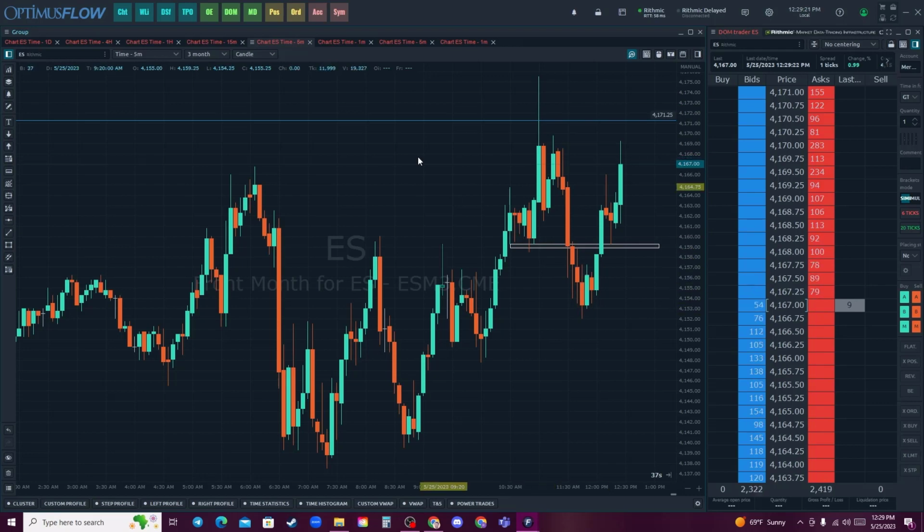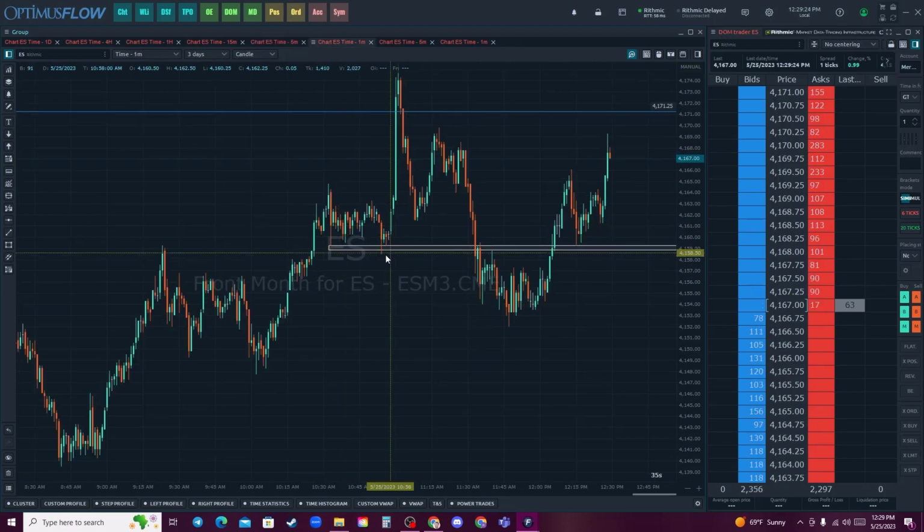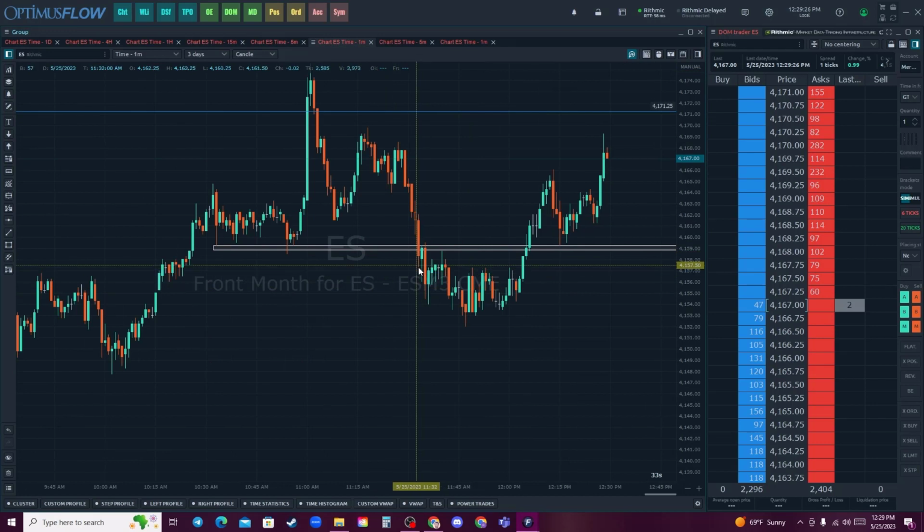What happened here, though, is when we come down, price consolidated, made a new low, and then failed to make a new low here on the 1 minute, and then broke through this resistance right here and ultimately through the previous support. And now it's trading back up to the high side of this range area.